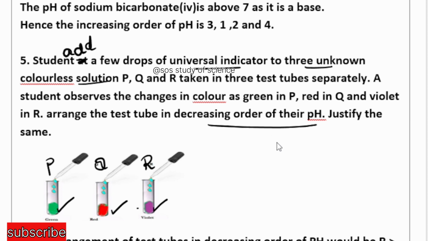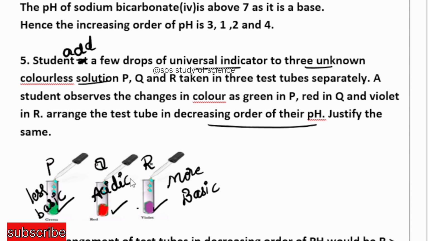Decreasing order means the lowest pH value should be last. So first of all, you should know R turns violet. This is more basic. Compared to violet, green is less basic. And red is obviously acidic. So we have to write according to the decreasing order of their pH.